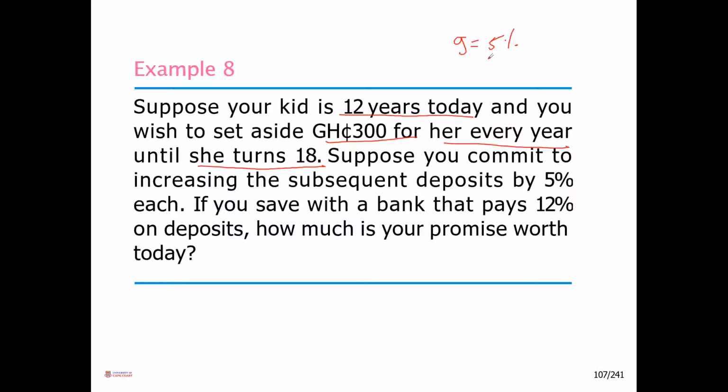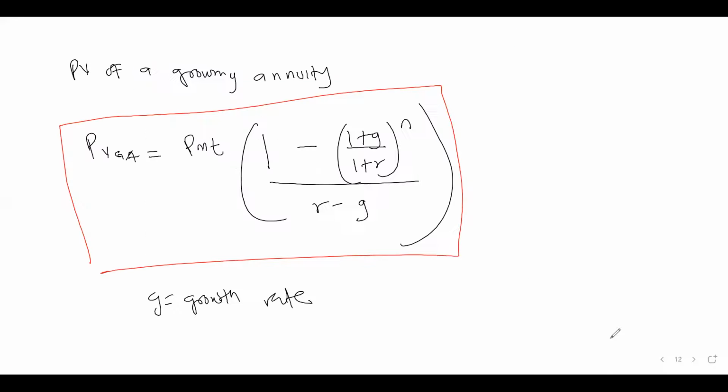So the number of years is 6 because she is 12 today and you want to set aside 300 every year until she turns 18. The amount itself is 300. The growth rate is 5%. And the interest rate is 12%. So when you have a question, you just write out the key things so that you don't confuse yourself.